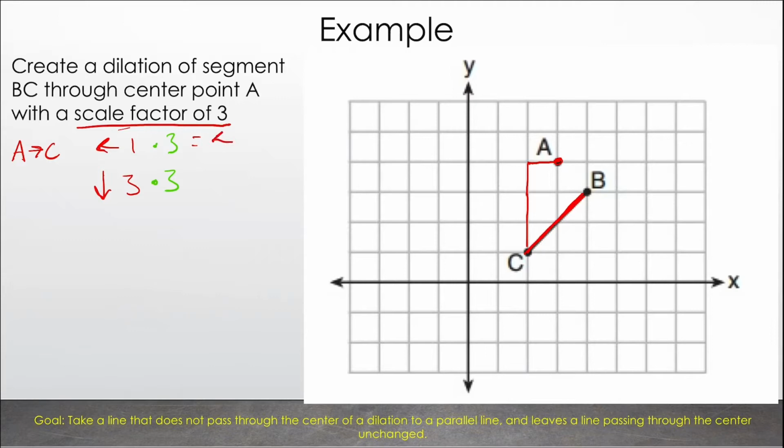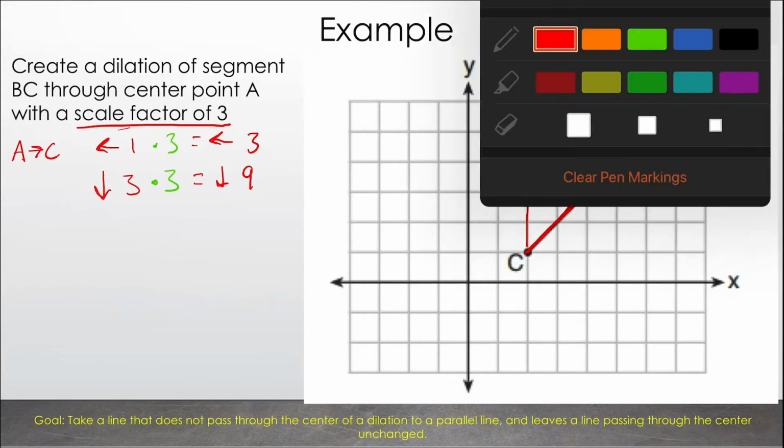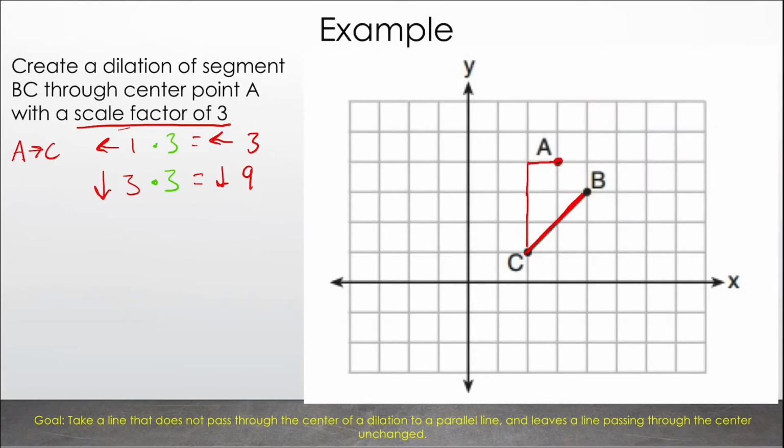My new point is left 3 and down 9. So I start over here, go 1, 2, 3, and down 1, 2, 3, 4, 5, 6, 7, 8, 9. We got that point right there.